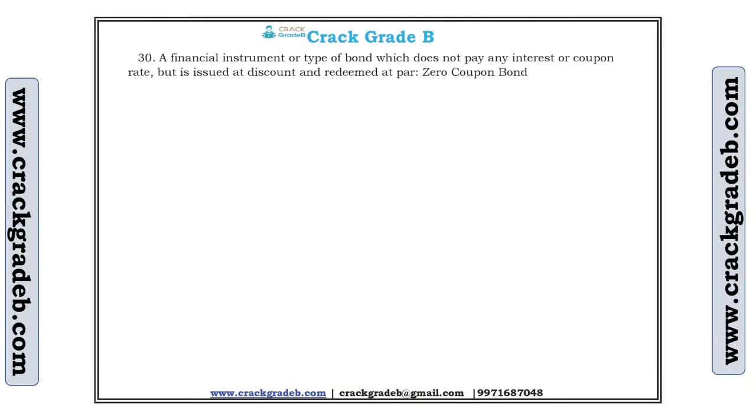A financial instrument or a type of bond which does not pay any interest or coupon rate but is issued at a discount and redeemed at par is called a zero coupon bond. Now see, if you are someone new preparing, you will get confused reading this line. What kind of bond is this where you don't get any interest at all, so why will people invest? No. So let's see, this is a bond, okay? 100 rupees is inscribed on it, right?